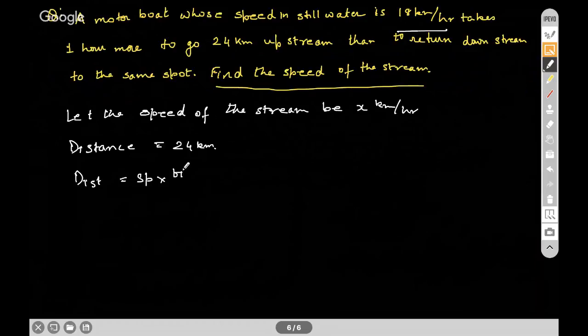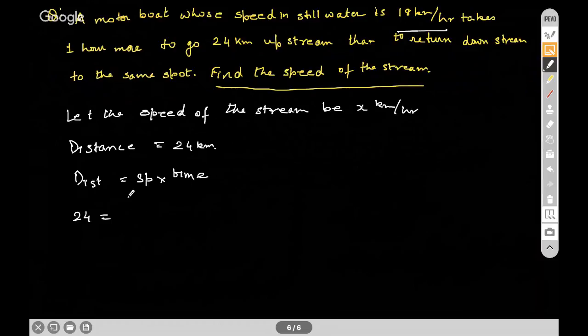We know that, in case speed is constant, then distance is speed into time. So hence 24 kilometers is equal to speed times time, let's say, while going upstream, it takes time t.